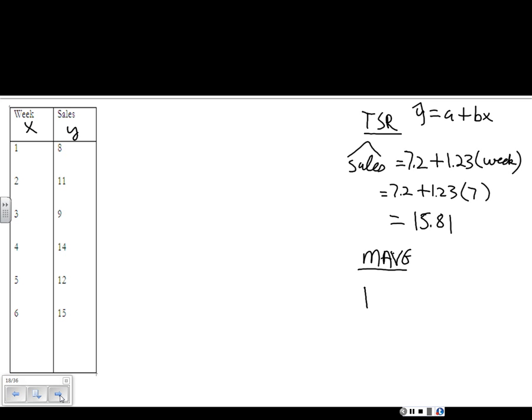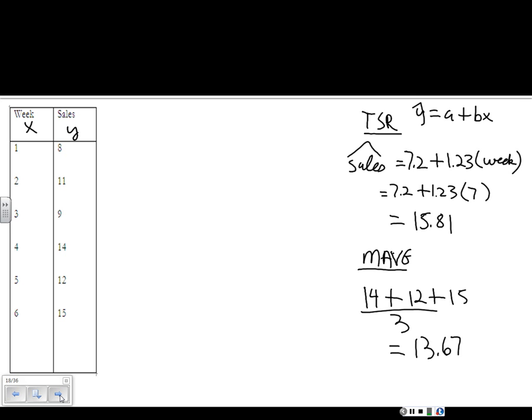So week 4 was 14, week 5 was 12, and week 6 was 15. And there's 3 of them. So our forecast is 13.67. And if this were in like thousands or 100,000s of units, that's a pretty big difference. And you're going to build all of your budget off of your sales forecast, so we want to know which one of those would be the best to use.